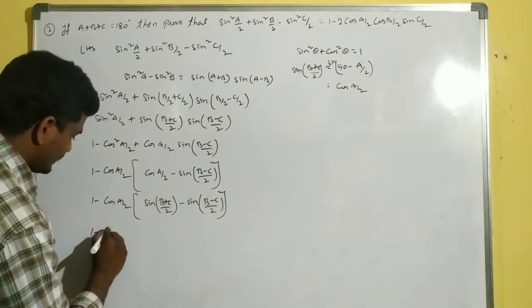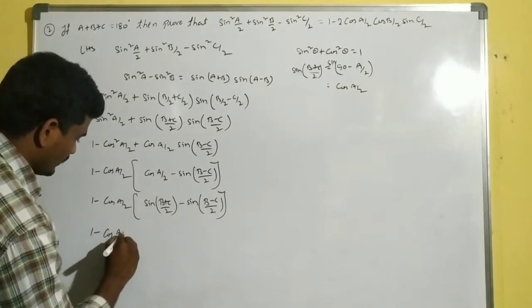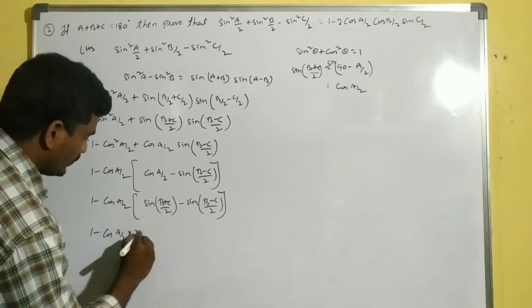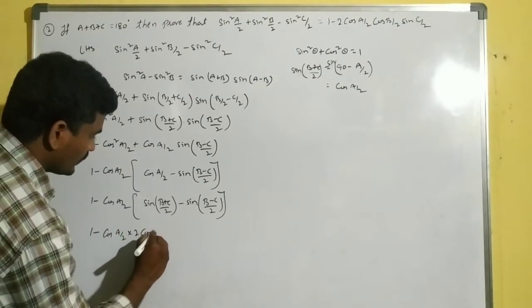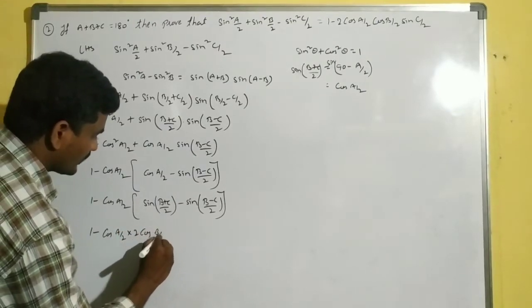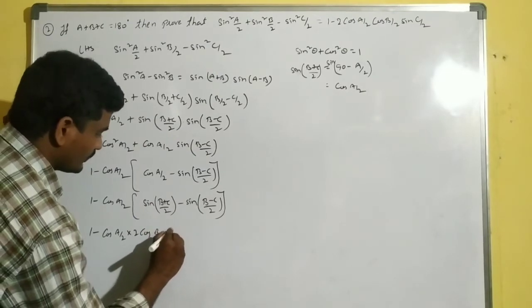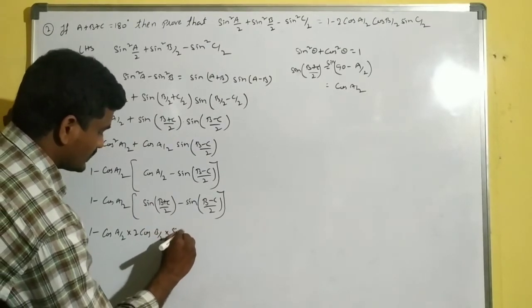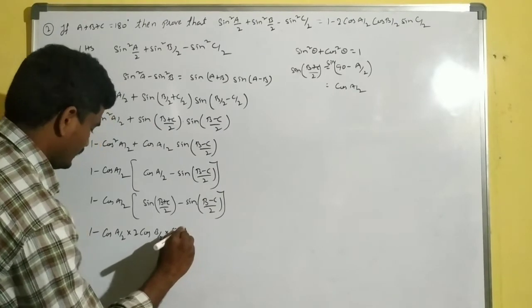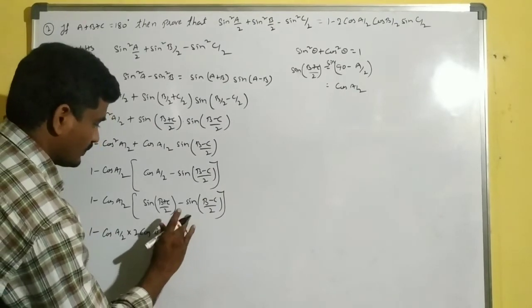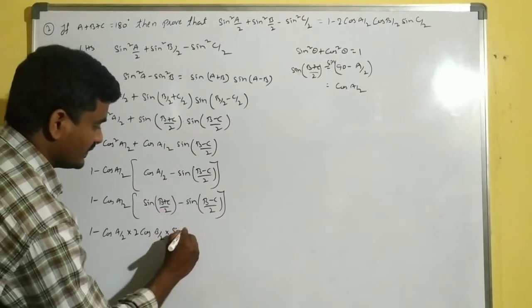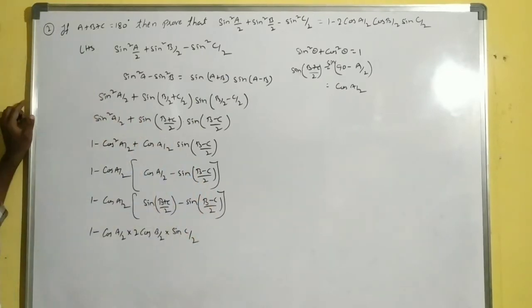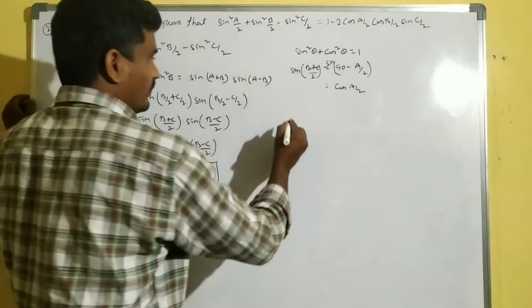1 minus cos a by 2 into 2 cos b by 2 into sin, here what letter next? C by 2. So what formula have I used here?